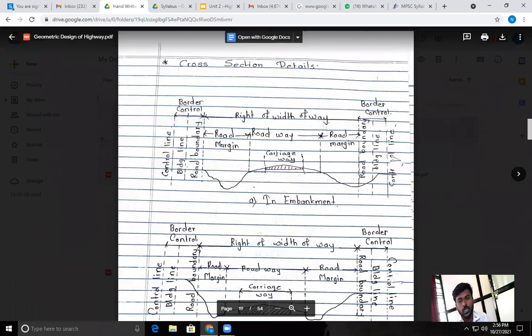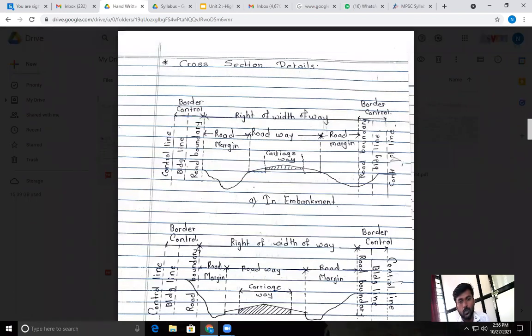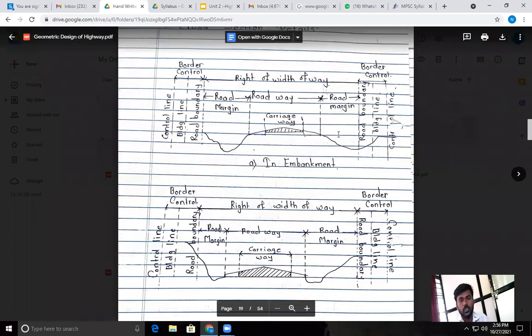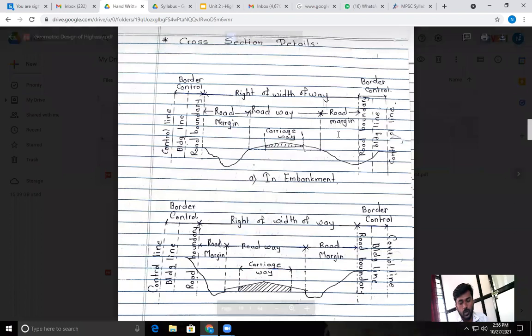This is the cross-sectional details. You might have drawn this figure, the cross-section details of the road. Let's take a screenshot of this slide. Take the screenshot of this slide.